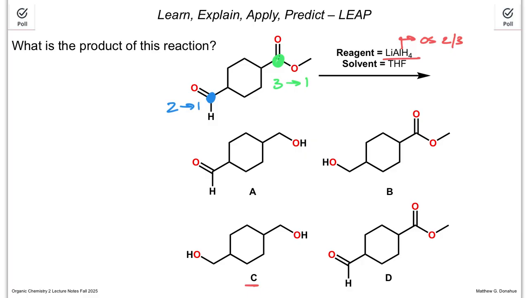What is the usefulness of this? When you have molecules at different oxidation states, you want to have these different reagents or tools that can only selectively react at some of them.